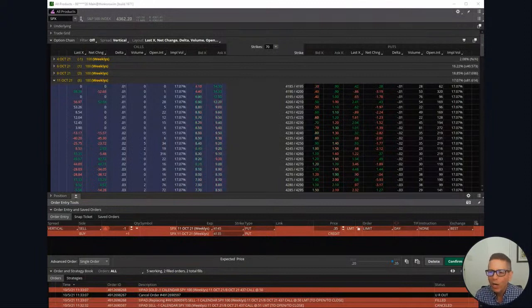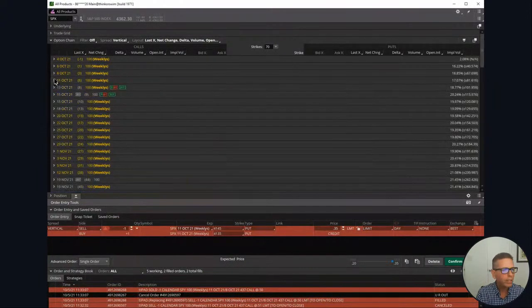So now I'm looking at 11 October, 6 days to expiration. Let me go to the right place. I'm not going to go to 8 because I already have a position there, so that would violate my rules.